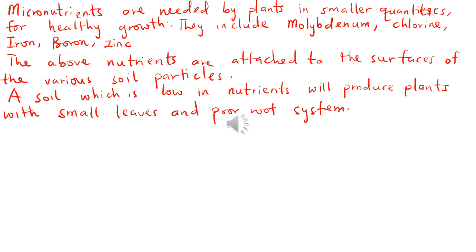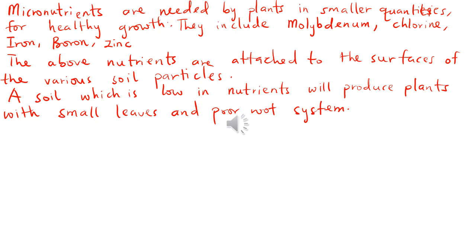And on the contrary, a soil that is rich in nutrients, be it micro or macro, will cause the roots of plants to grow better, bigger, whatever adjective you want to use.